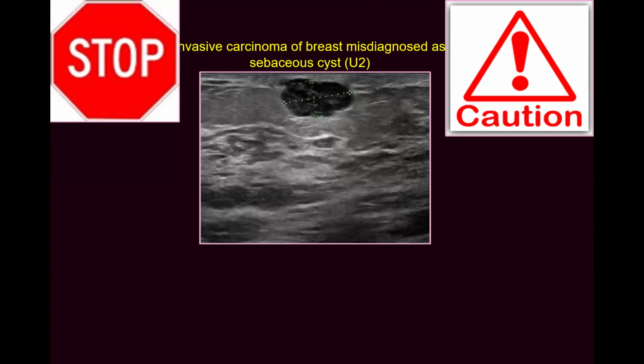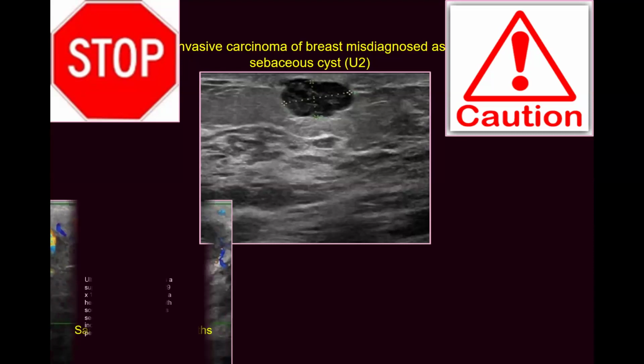But if we look here, it is lobulated, more heterogeneous. The tract is not very clear and not very typical, though a sebaceous cyst can be indistinct, lobulated, and heterogeneous. But if it is not very typical, we have to be cautious.